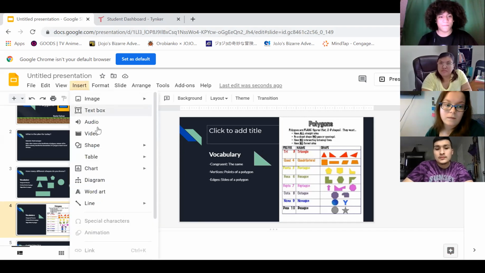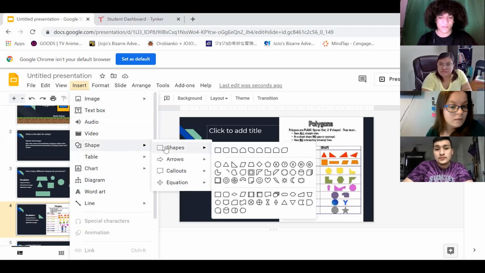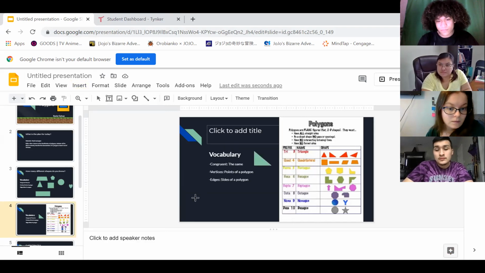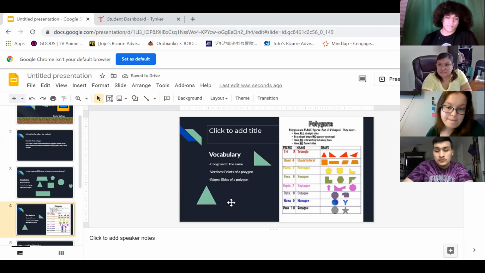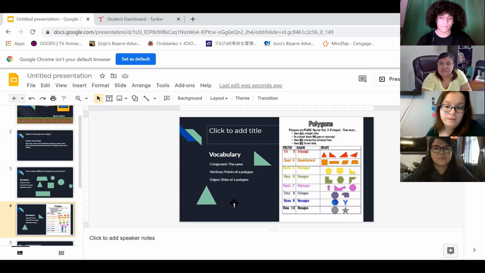And do we see this anywhere? Yes. Where can I find it? The first triangle. Yeah, it's right there. How many edges does it have? 3. How many vertices? 3. Yeah, 3 edges and 3 vertices.